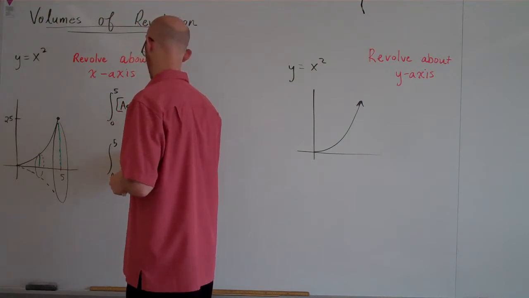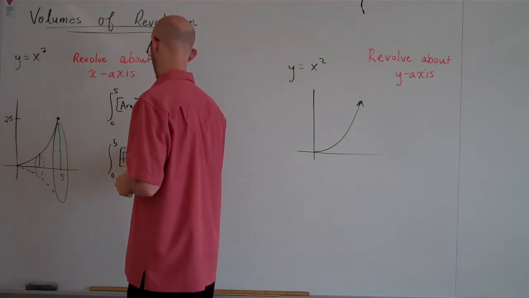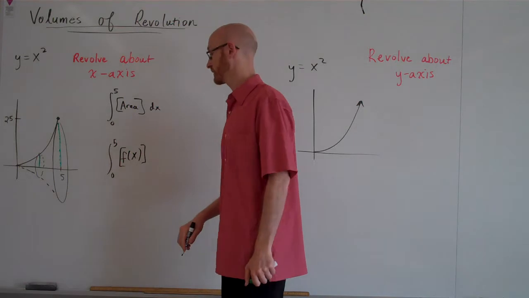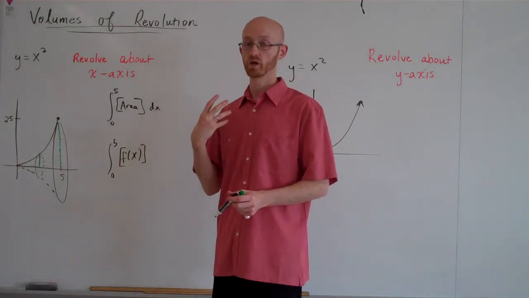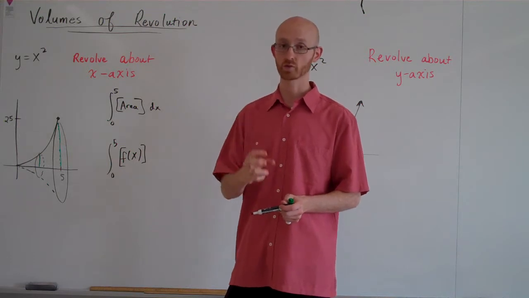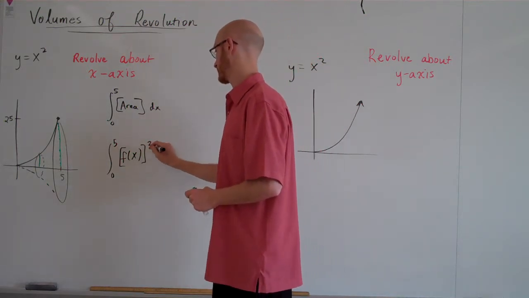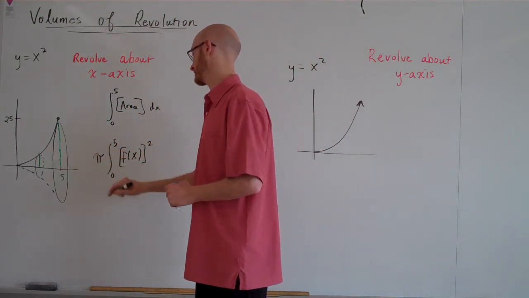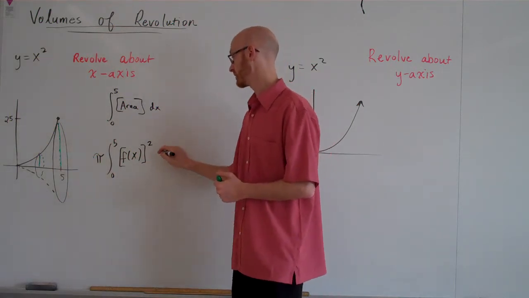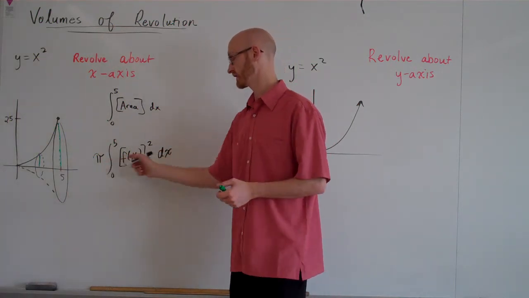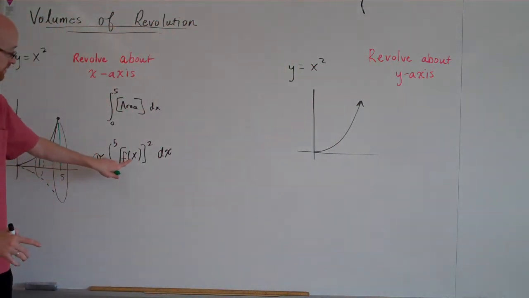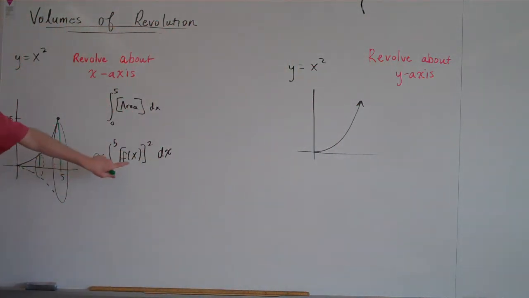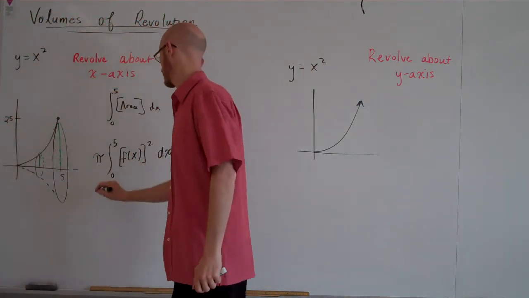So the radius is the function. And I put it in brackets there because to find the area of any circle, we need to do pi times the radius squared. So the radius squared, and then pi I can leave outside of my integral because it's not dependent on x. So this is really pi r squared. And in our case, the r value is the y value, which is x squared.